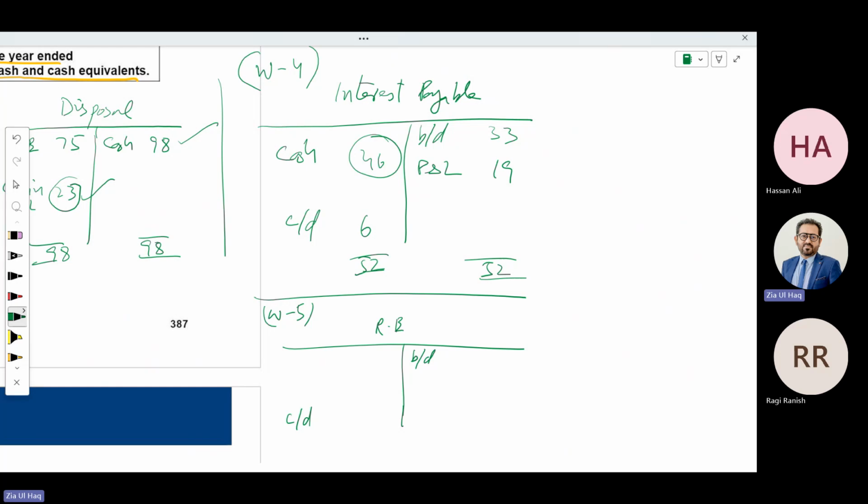The profit for the year we add to retained earnings, meaning here we record the profit after tax that we transfer to retained earnings, accumulated profit, and from this we pay dividend. Meaning the dividend will be recorded here. That is what?